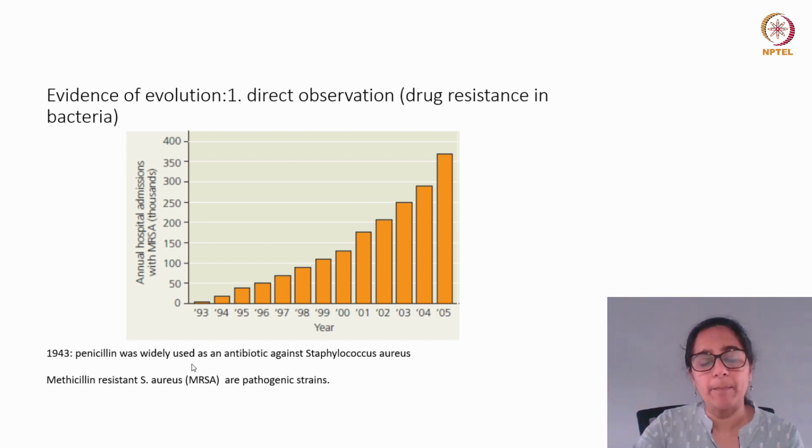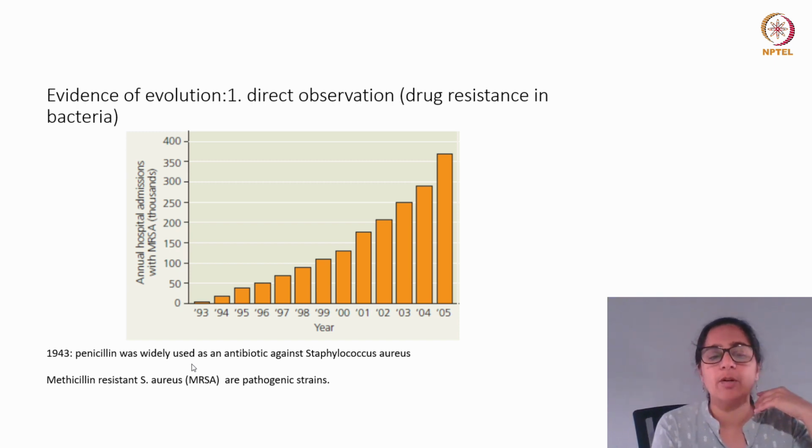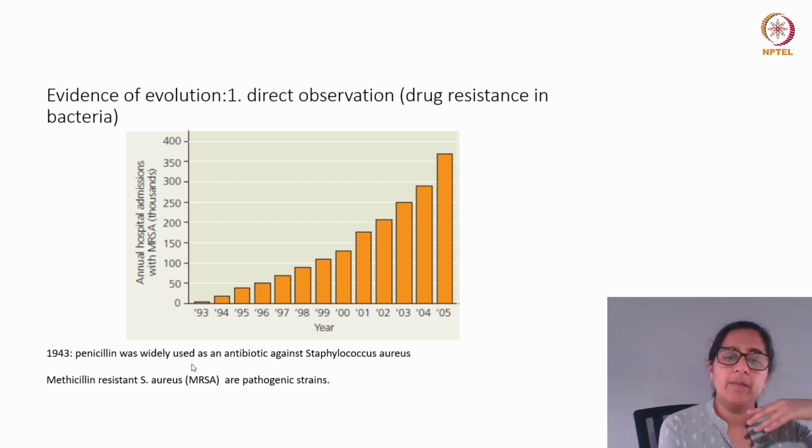What that meant was the bacteria also became resistant to even this new antibiotic, which was methicillin. Methicillin basically targeted the cell walls of this bacteria, but this bacteria developed an enzyme which prevented it from being affected by this antibiotic.